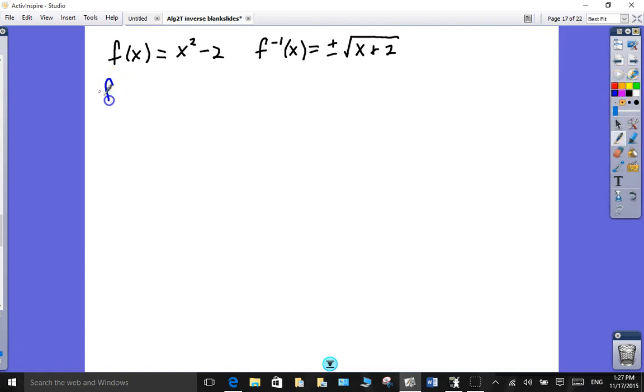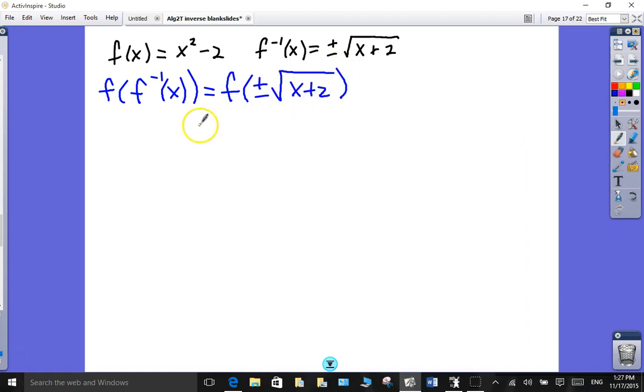F of f minus 1. Is that what I want to do? Yeah. F of f minus 1 of x equals f of plus or minus the square root of x plus 2. Okay, so now I have to take this plus or minus the square root of x plus 2 and put it in the place of x there.